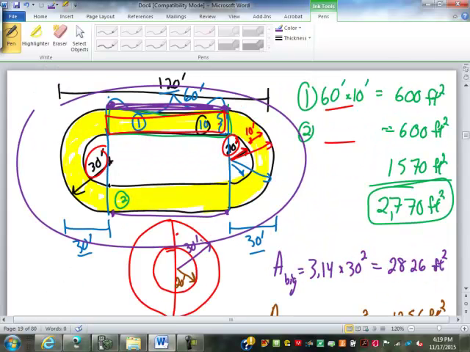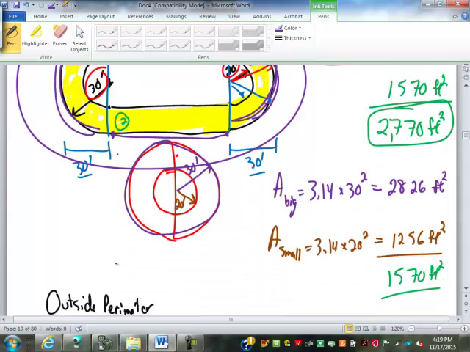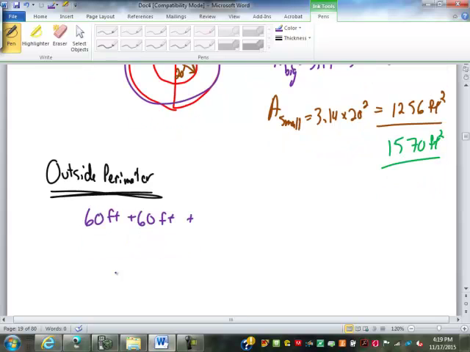And then I have the two arcs, which is just the perimeter of that one big circle. So the circumference of that big circle is pi, 3.14 times 60. Where did 60 come from?